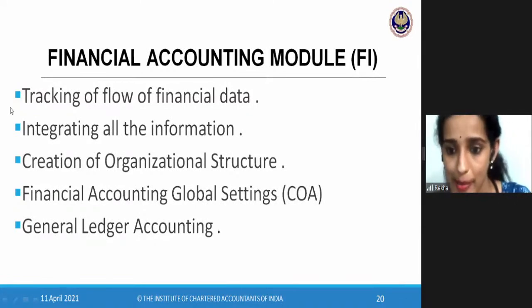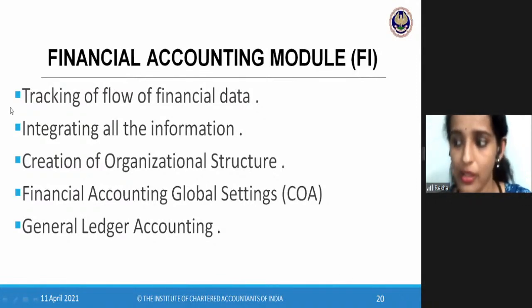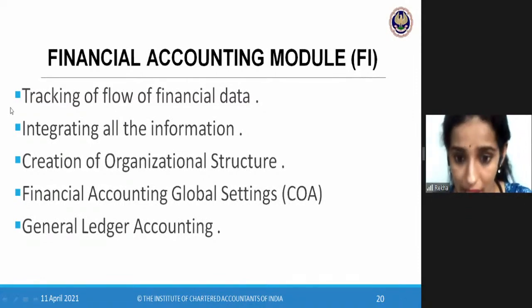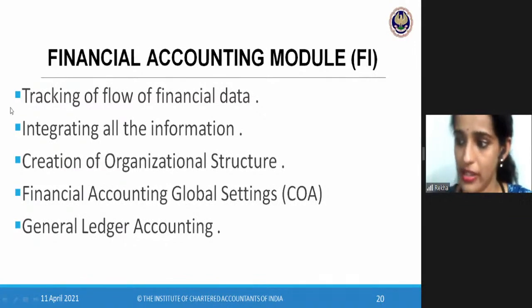Say holding, subsidiary, all these things will be defined by a separate company code. So creation of company code, defining the company, defining what the business functional areas are, what the different types of products they deal with, what the functions are, sales, purchase, production, all these different functional areas, all this you will have to first assign. So all this will be coming under your organizational structure.